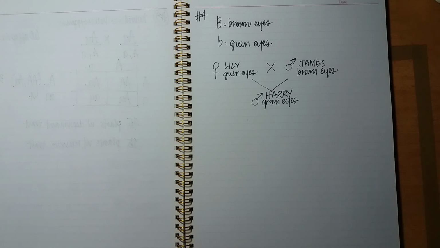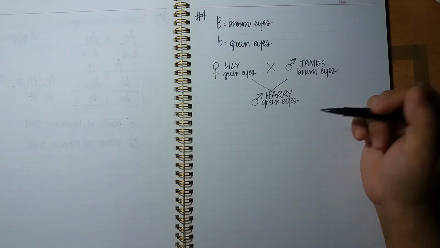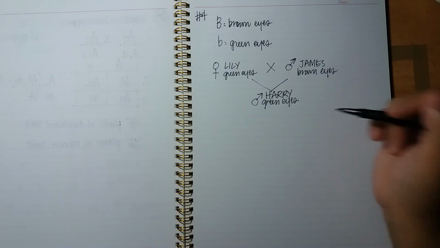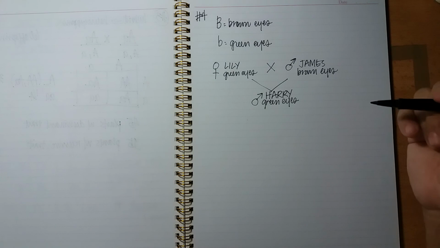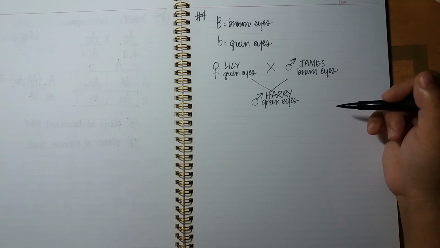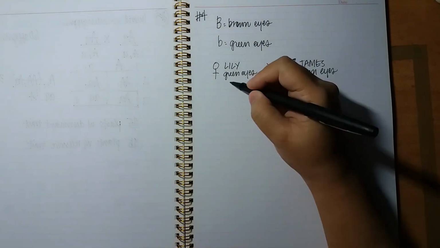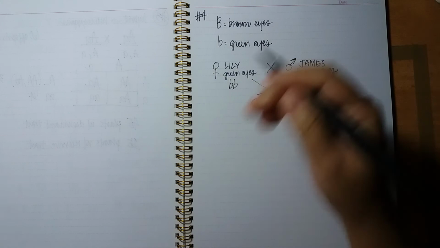Hinihingi genotypes. Anong pwede nating ma-determine? Ito talaga yung tip. When you're working with a genetics problem, identify first which of the individuals you're talking about has the recessive trait. Kasi, for sure, alam mo na agad kung anong genotype niya. Okay? So, Lily is said to have green eyes. For an individual to have a recessive trait, again, he or she has to be homozygous for it. Okay? So, Lily has to be small b, small b.